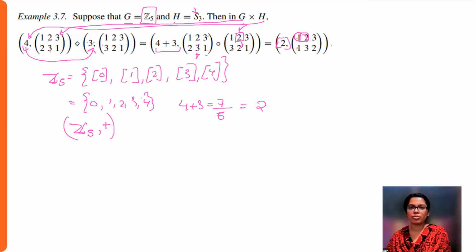So 2 goes to 2. Now we go to the first one and see that 2 goes to 3. So the image of 2 will be 3. Now we will check for the third one. The 3 goes to 1. So if we go to the first one, 1 goes to 2. So the image of 3 will be 2. Okay. So from here we can define the direct product, and it's a very easy and interesting concept.